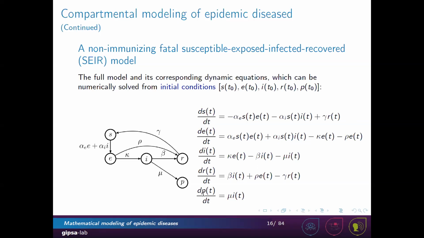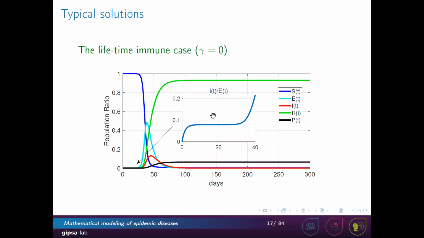Having a set of nonlinear dynamic equations, we can start with a vector of initial conditions and then numerically solve this equation to find the trend of each of the variables of the model. For instance, here you can see a simulation of what we get with a set of parameters that I've further explained in the paper that I introduced at the end of the talk.